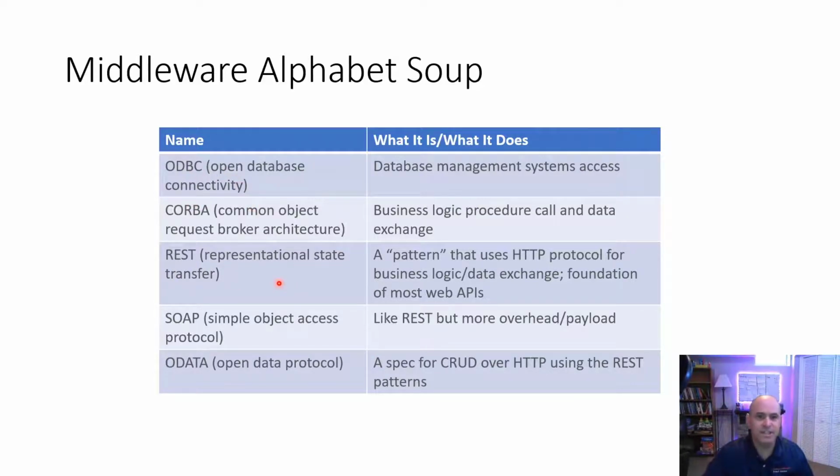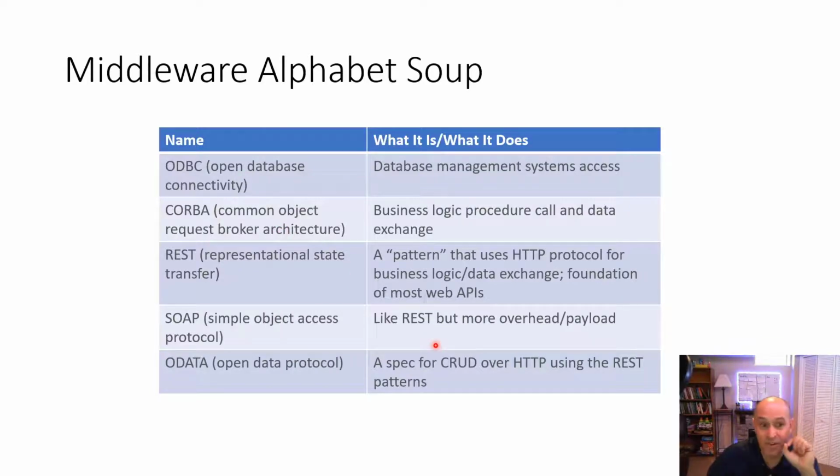REST is an HTTP pattern, so it's used over the web as a web protocol, HTTP, and it's used for generically invoking a service and then getting back results from that service. So it is a form of middleware, although it's not as formally written as you would see out of ODBC or Corba.